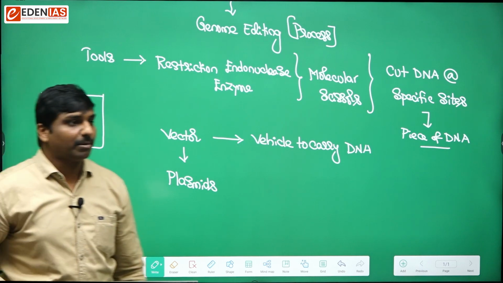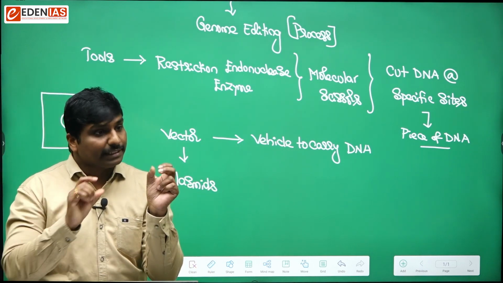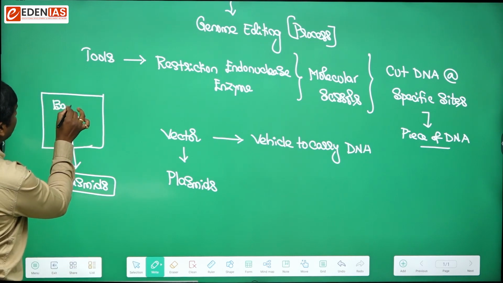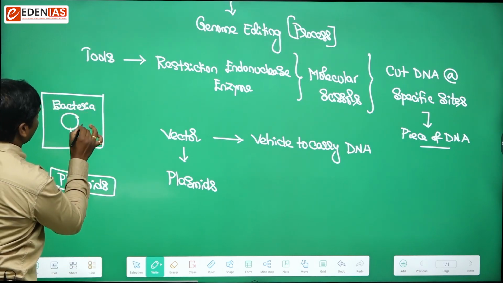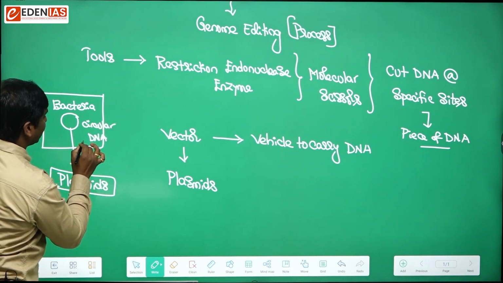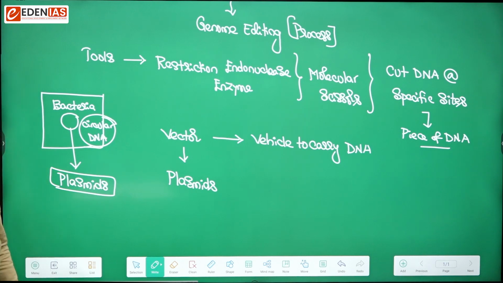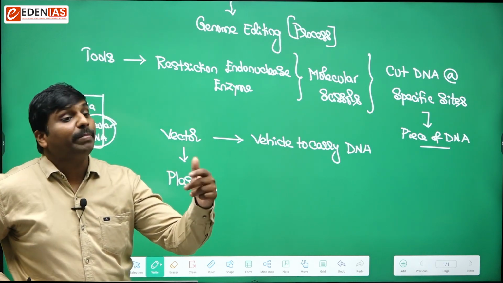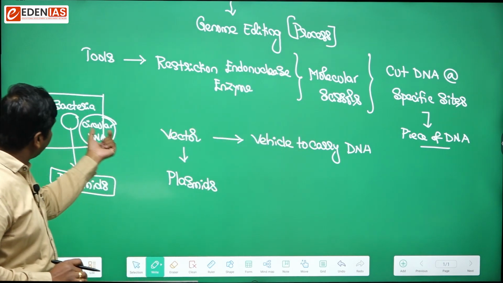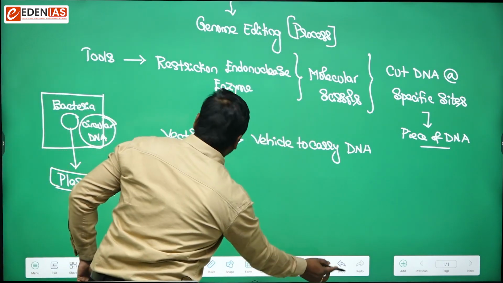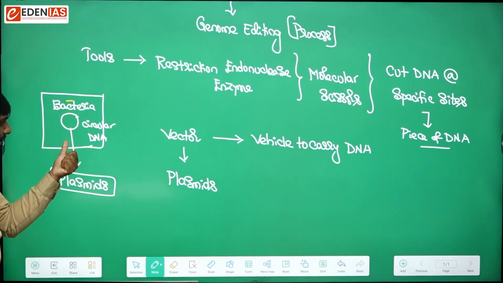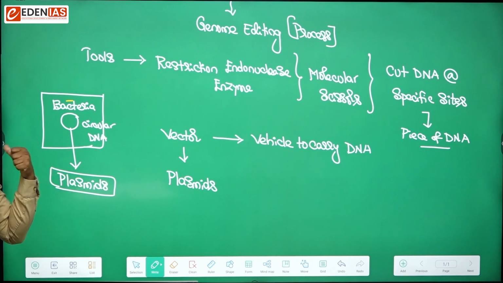Remember the structure: circular shape of the DNA. Whereas in other organisms it would be a linear shape, double helical structure. So this circular piece of DNA present in the bacteria refers to a plasmid.